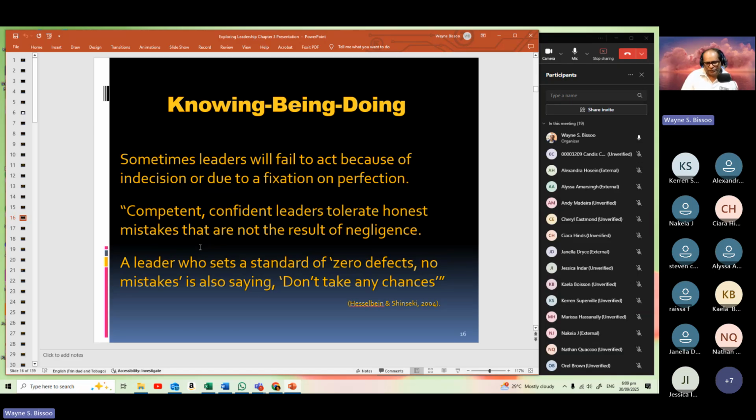And it's interesting. I worked in an organization where we had a leader who wouldn't do anything unless everything was in place. And then eventually that leader went out, and another leader came in, whose weakness was not a fixation on perfection, but was being a bit hasty.